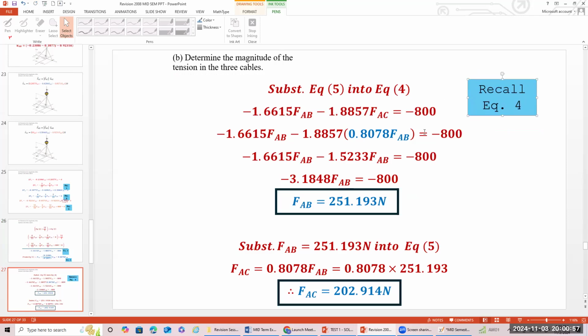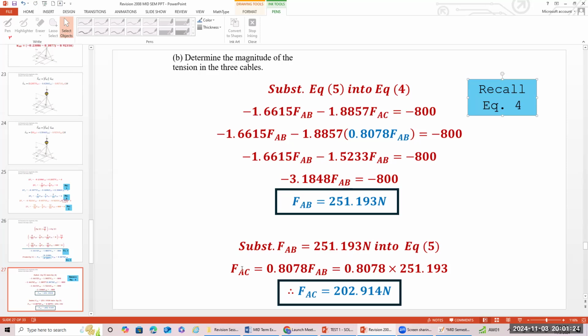So you get everything equal to that, and you carry it over the bracket, so it becomes minus. You work that out, add them, you get minus 3.18 equals that, and you divide. So you get an AB value. Once you get an AB value, you go right back to equation 5 where you had FAB equals a value. So FAB is this value.